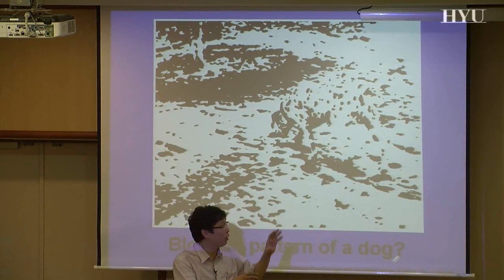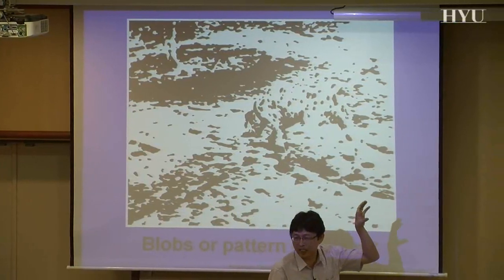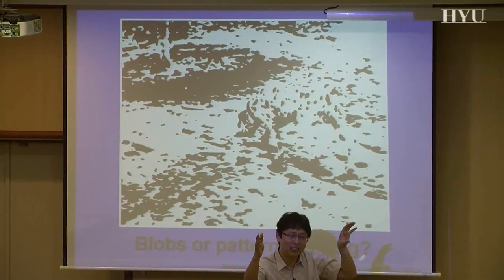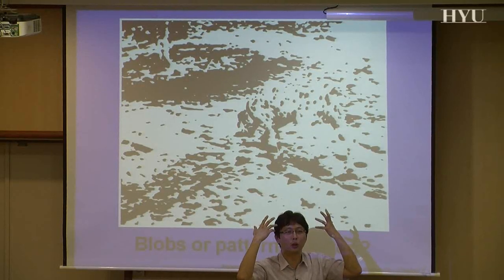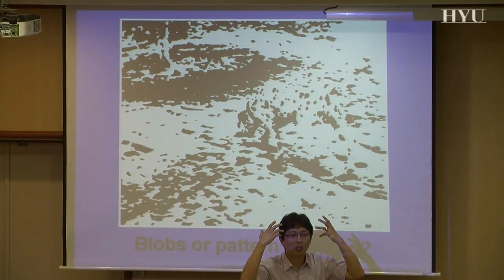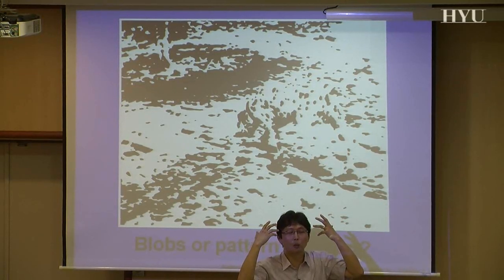When we retrieve some of the features, it is not so important at that time, but sometime later you can interpret these blobs and dots as a dog. Which means what you see is not what is out there.